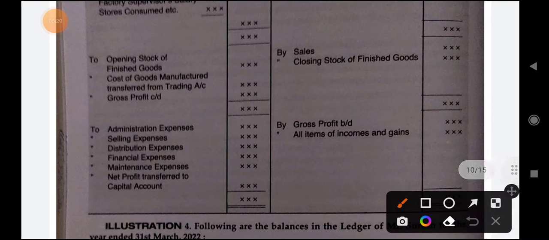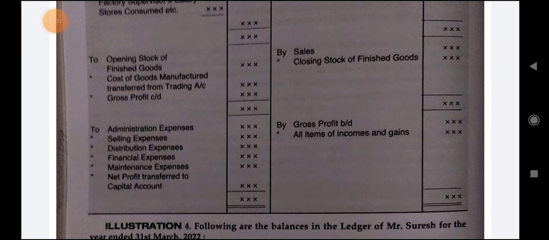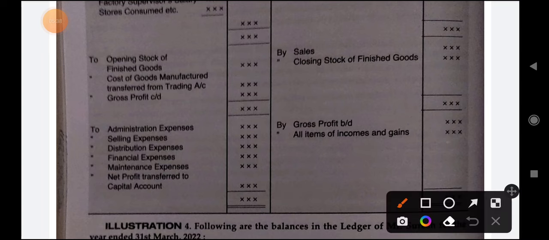On the credit side you will have sales and closing stock of finished goods. From these, opening stock of finished goods and cost of goods manufactured will be deducted and you will get gross profit.